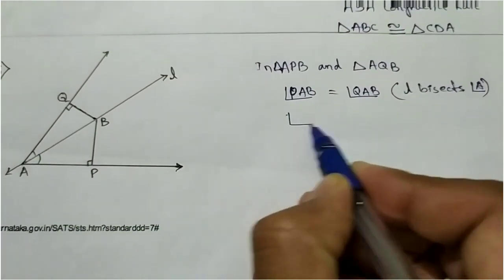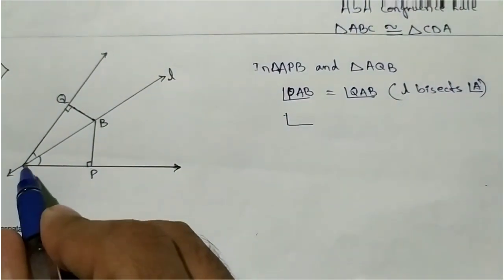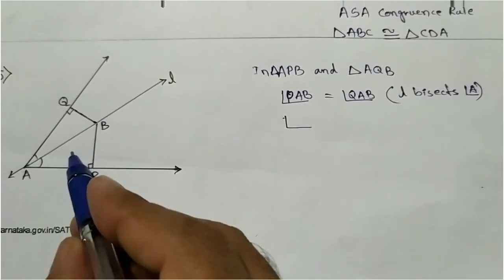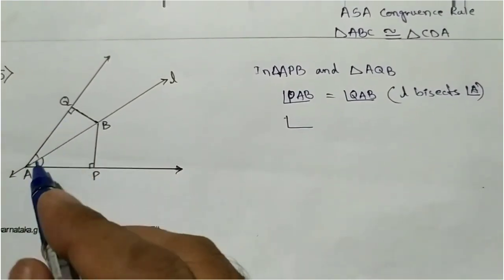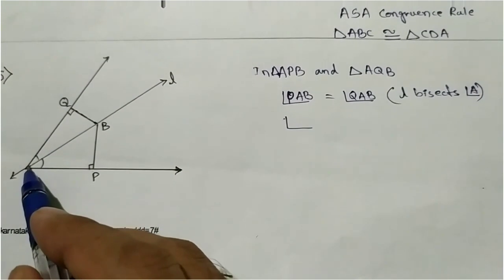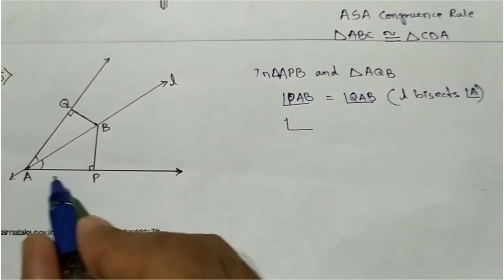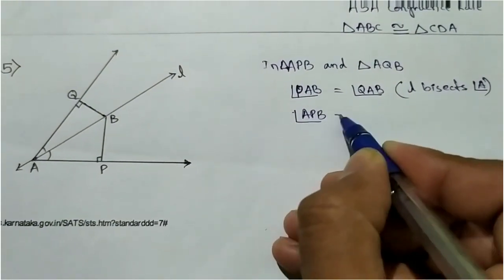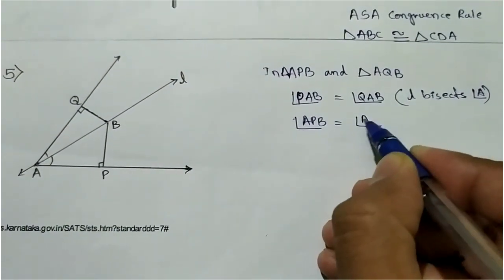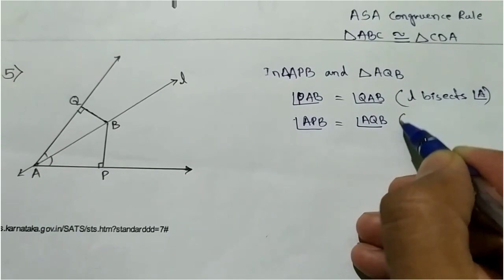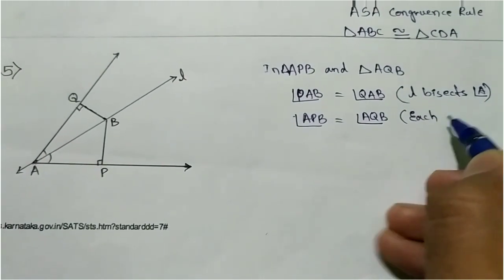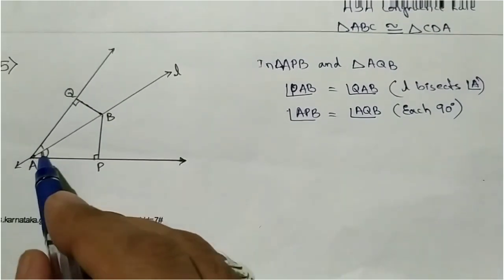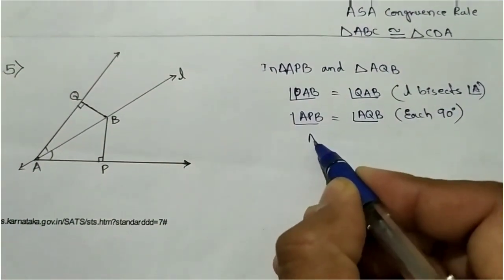Next, here AB is common to both triangles, as well as one angle is 90 degrees, which shows that angle APB is equal to angle AQB. Why are both equal? Each is 90 degrees. Another thing, AB is common on both sides.